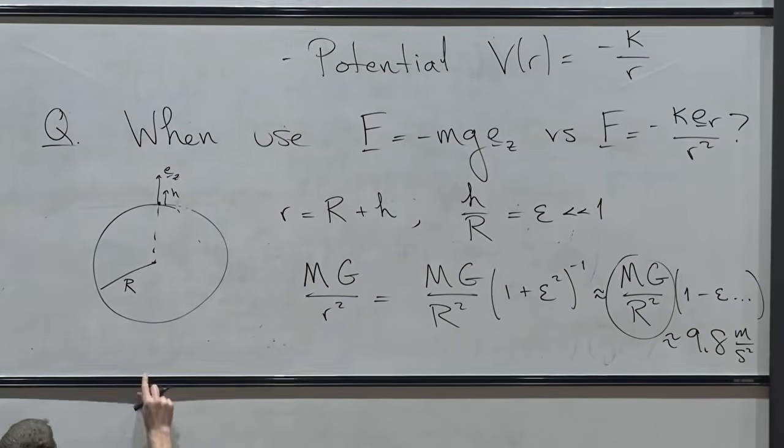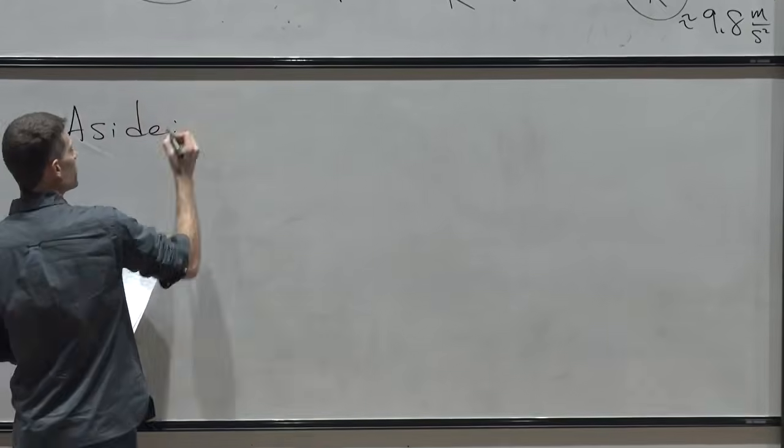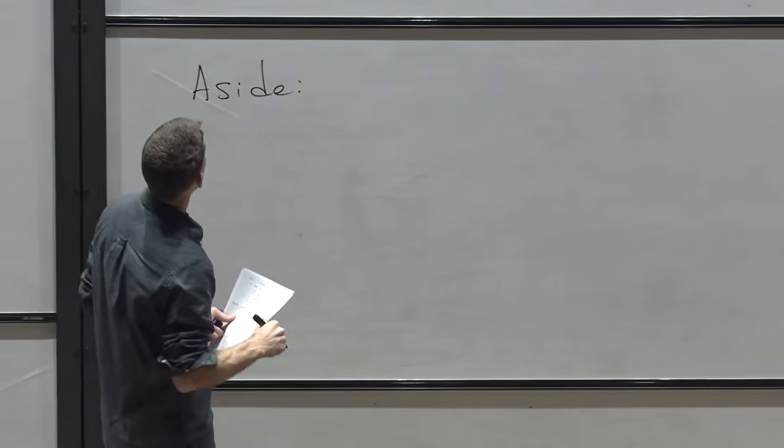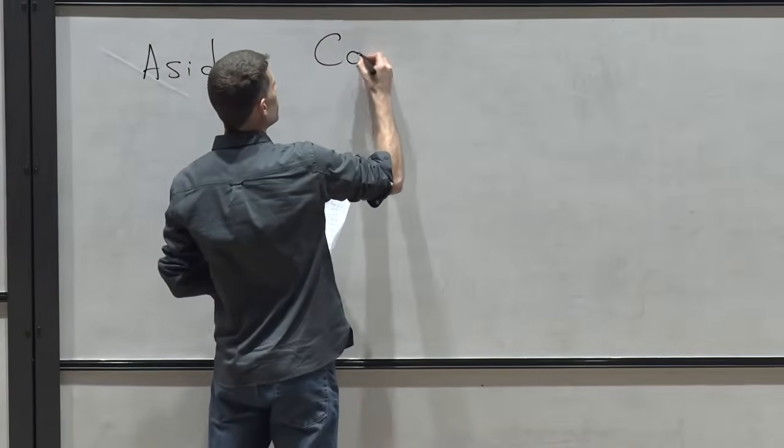Another comment, which is sort of an aside: we will primarily be thinking about gravity, but there are other laws that follow the same form, and in particular Coulomb's law.